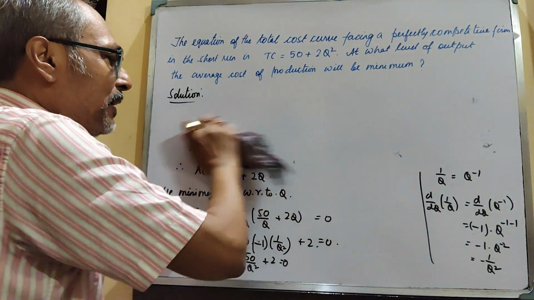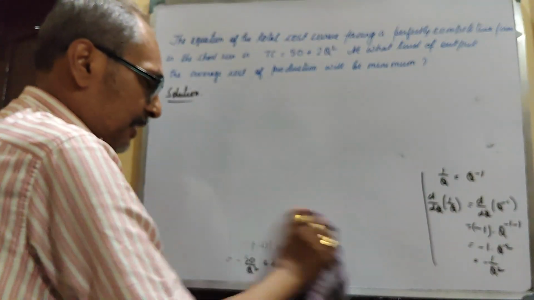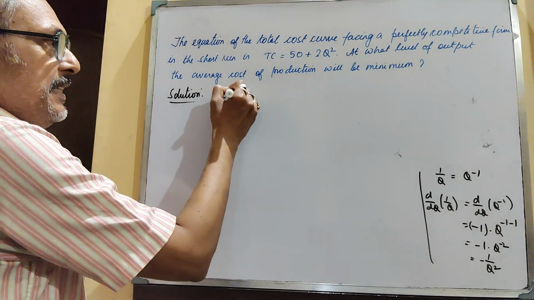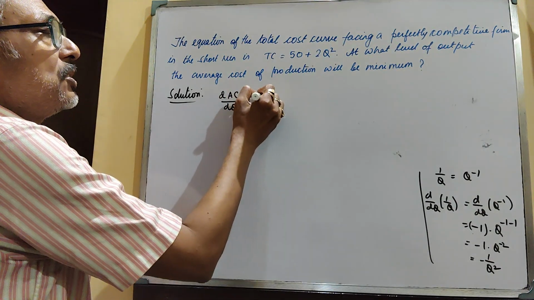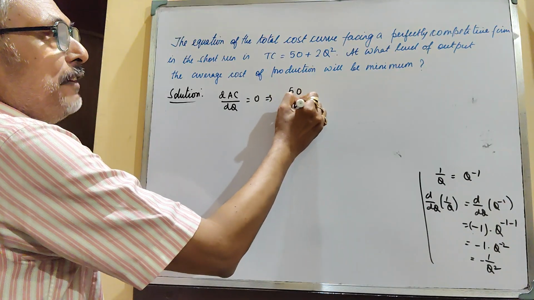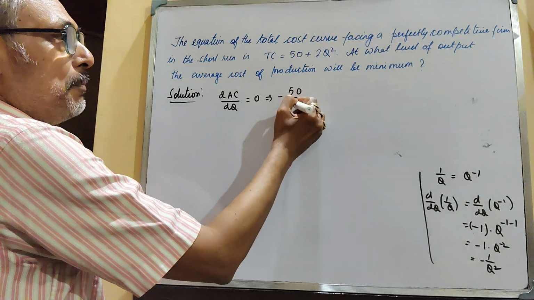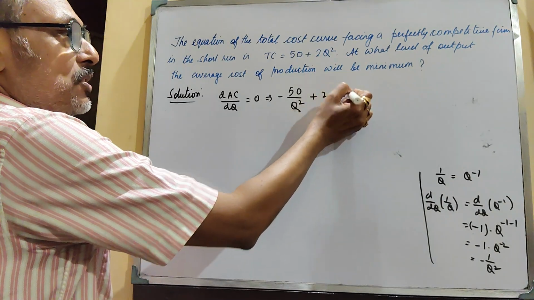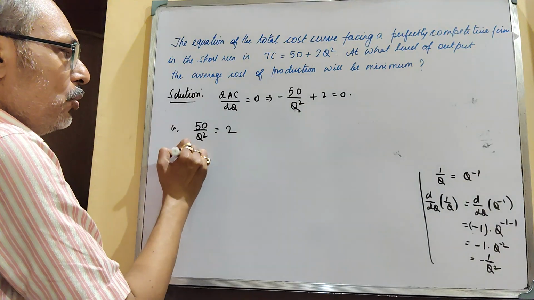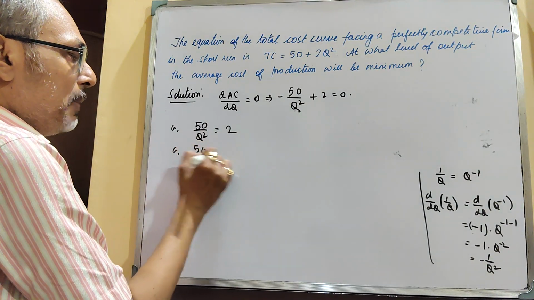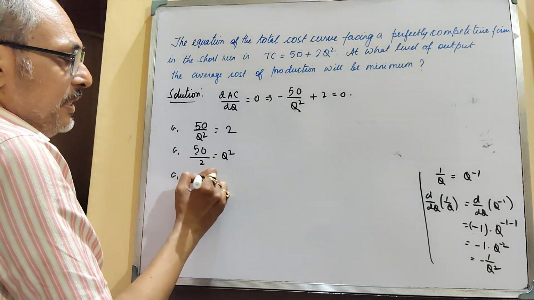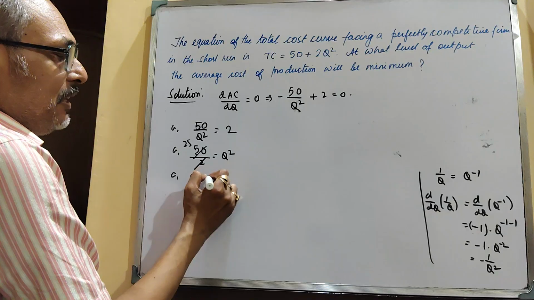Now we further simplify this. dAC by dQ equals 0 implies minus 50 by Q squared plus 2 equals 0, or 50 by Q squared equals 2, or 50 by 2 equals Q squared, or Q equals, this becomes 25, equals 5.